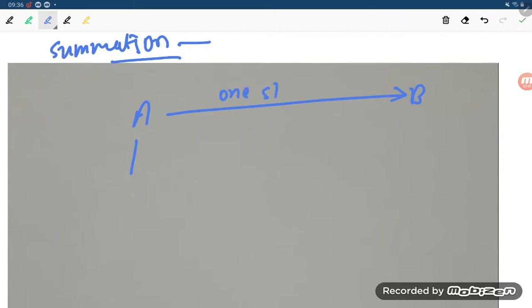But secondly, what can be possible? A to C, C to D, D to E, and E to B. So that is the first route, students, and this is the second route.